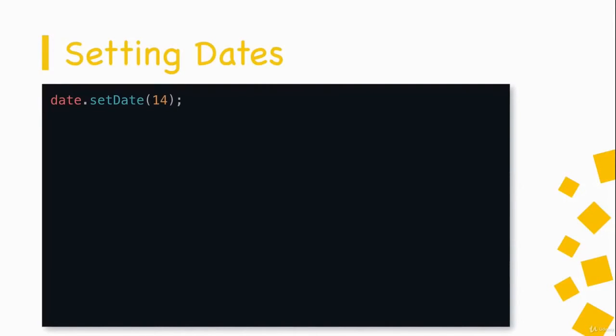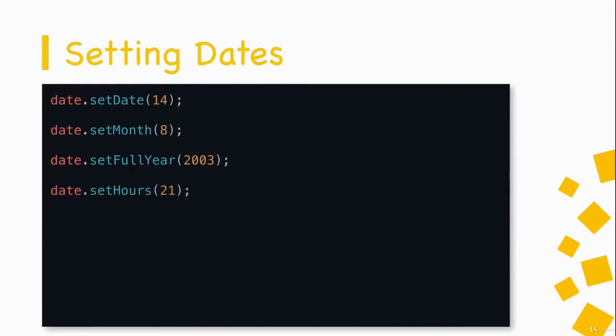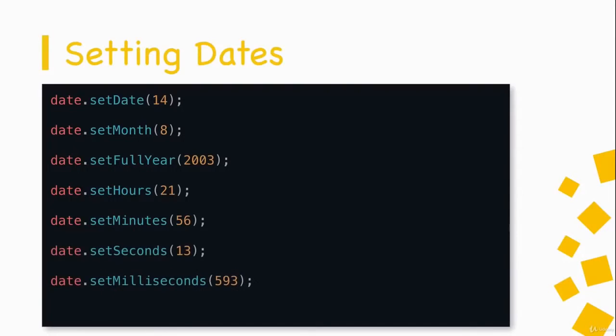So instead of being 31 December, it'll be 14 December. We also have setMonth. So in this case, we're setting the month to 8. We also have setFullYear. In this case, it'll be 2003. Set hours, we can also set the hours, then minutes, of course seconds, and again milliseconds.